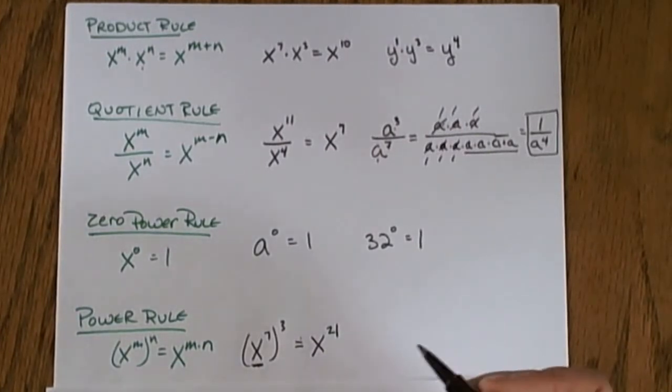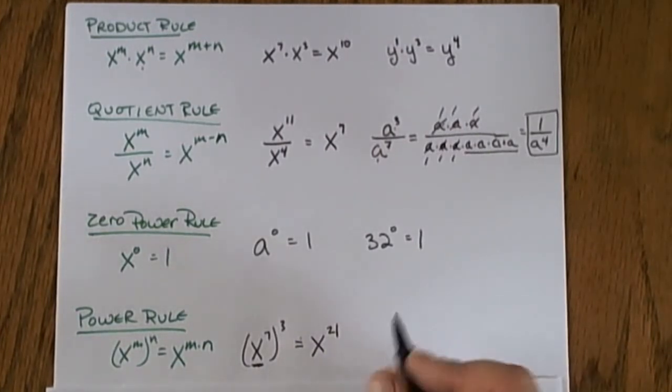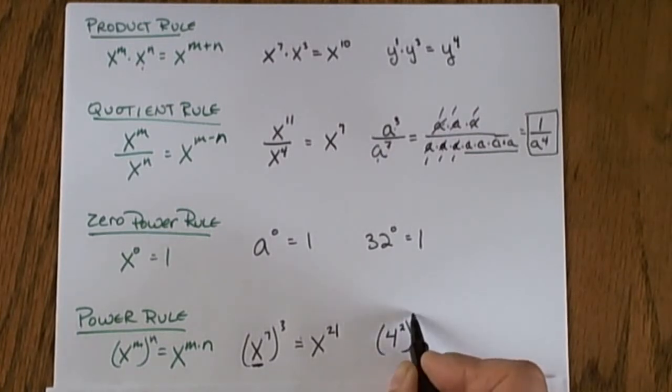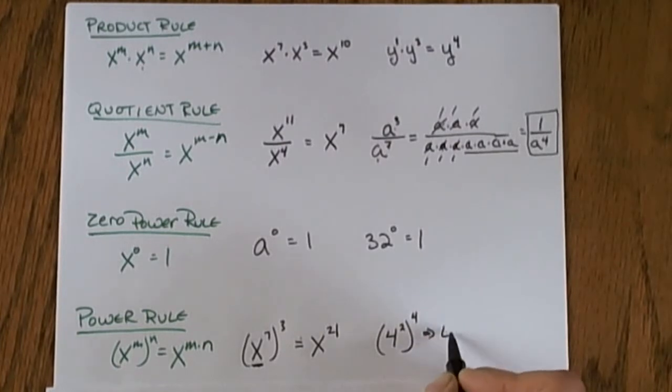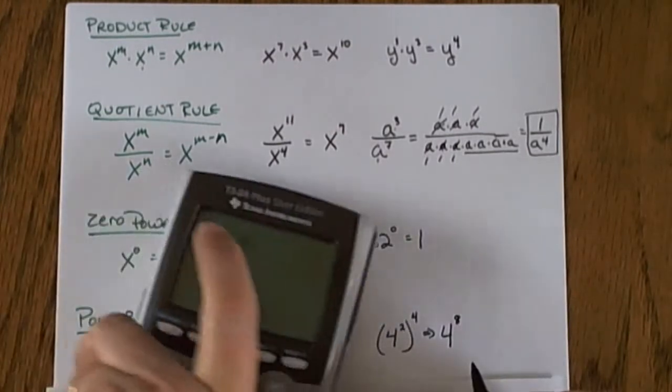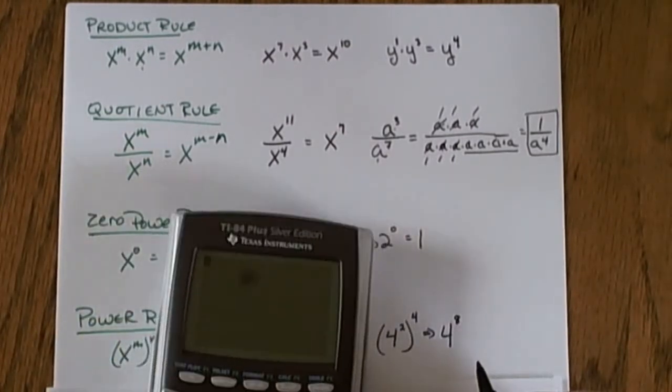So let's look at another example of the power rule. If we had numbers involved, like 4, and we had 4 squared, and we took that to the 4th power, for example, I'd have 4 to the 2 times 4, 4 to the 8th. Anytime I have a number to a power, I could work that out if I wanted to get a final answer with no exponents.